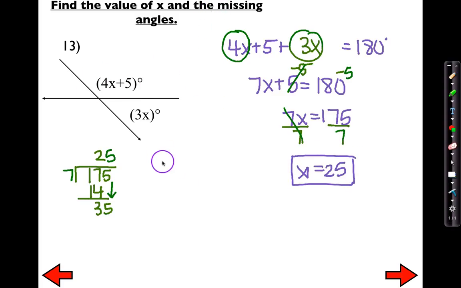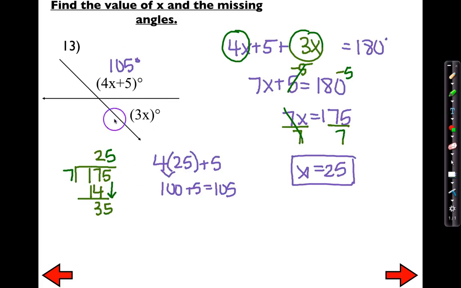So for this missing angle, let's plug in 4 times 25 plus 5. Here I know 4 times 25 is 100, so plus 5 is 105. So that's the first missing angle. Now for the second one, it's 3x, so it's 3 times 25. That's easy. That's just 75.